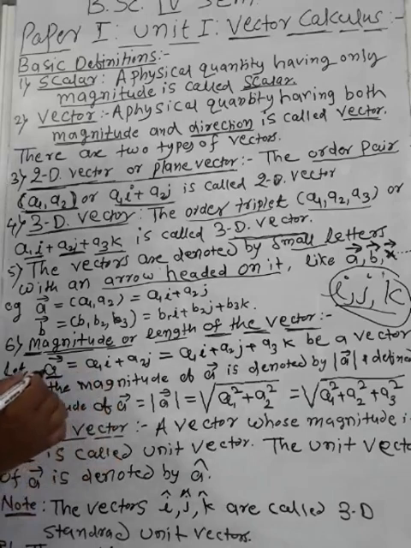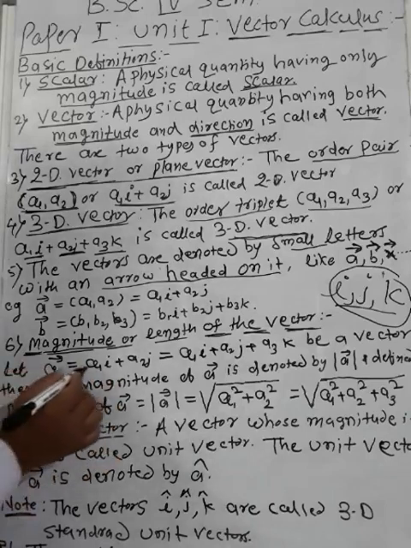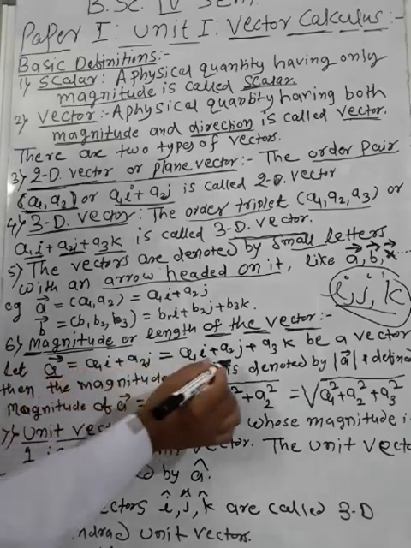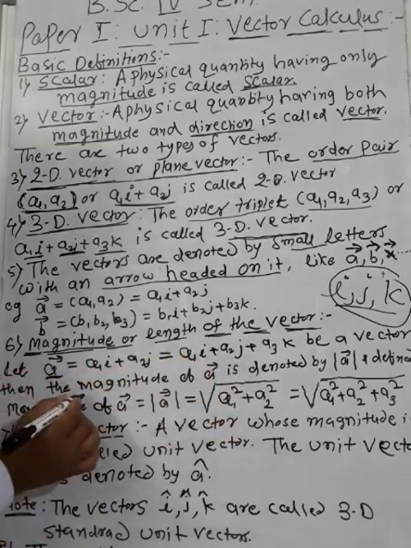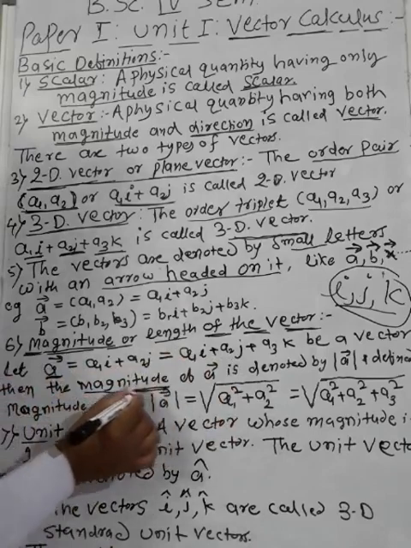That is, suppose that A is a vector, it may be two-dimensional or it may be three-dimensional. Then what is the magnitude of the vector?